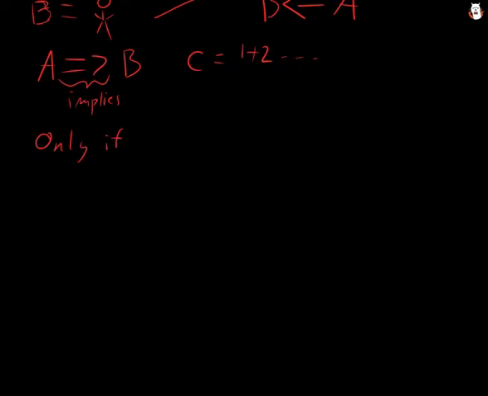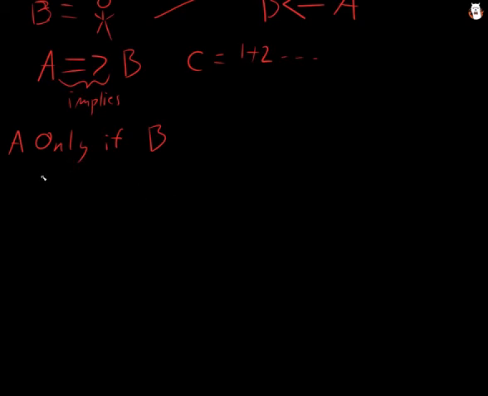For an only if statement, we have A only if B. This can be interpreted as you are watching the video right now only if you are human. Or in other words, given that you are watching the video, then you must be human. You can't be anything else.